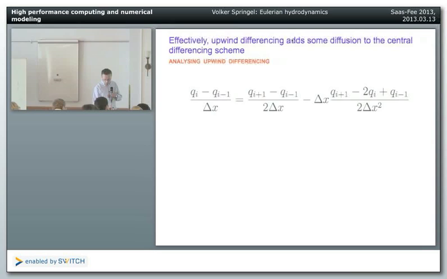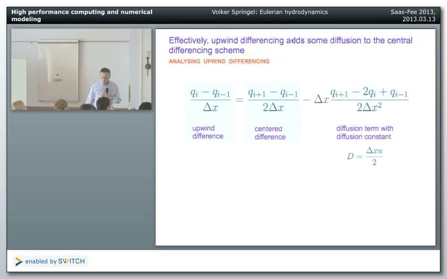In these 3 terms, I have the upwind difference, and I can write it as the center difference plus something else, and this something else is actually a discretization of a diffusion term. You have here a second spatial derivative, for those experts among you.